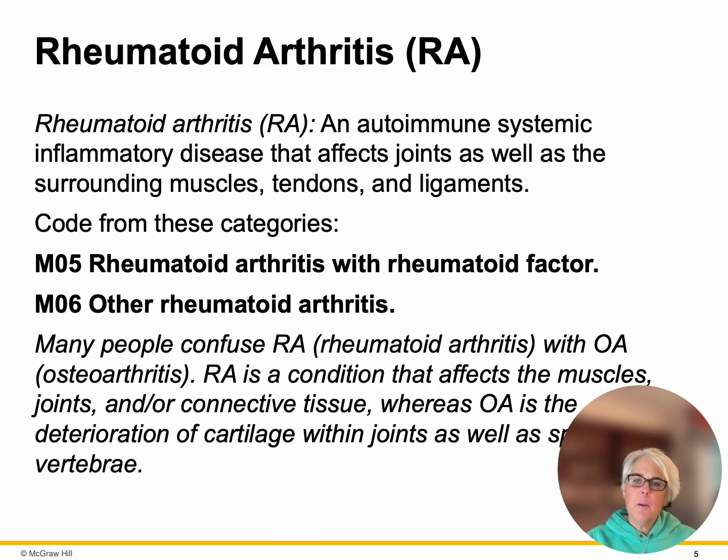So a lot of times we'll see osteoarthritis in knee joints and hip joints, some of the other major joints that take a lot of wear and tear in the body. When coding RA, always look for specific joint or region. Look for the laterality and whether disease is specified as seropositive or seronegative.